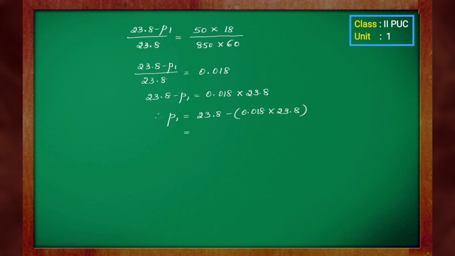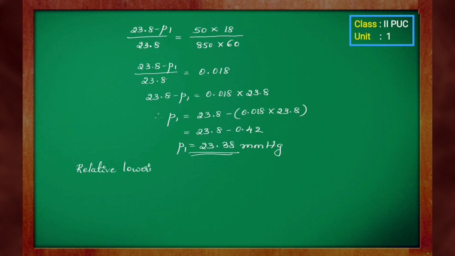This is equal to 23.8 − 0.42, which is equal to 23.38. The unit is mmHg. So this is the vapor pressure of water at the given temperature. They have also asked us to calculate the relative lowering in the vapor pressure.